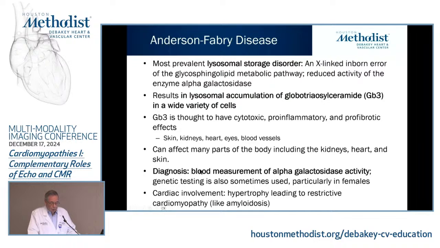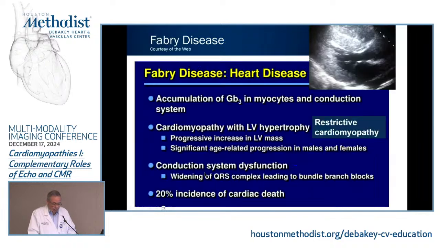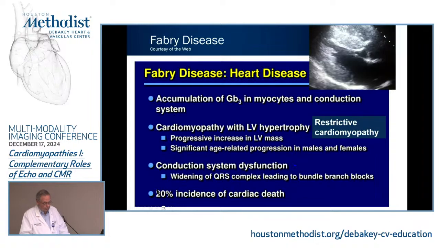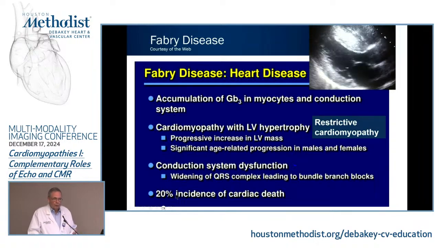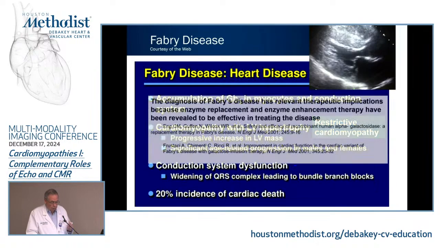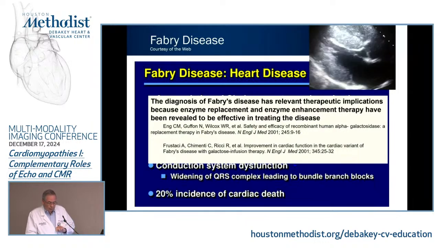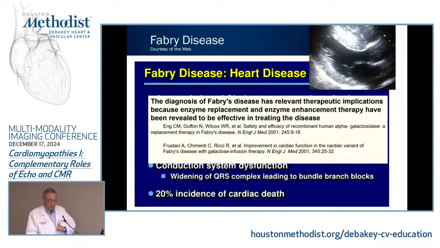It's diagnosed easily with a blood test. There is a cardiomyopathy, frequently with hypertrophy. They also have conduction system dysfunction and a 20% incidence of cardiac death. So it's an important disease to discover because there's also now treatment with enzyme replacement and enzyme enhancement therapy.